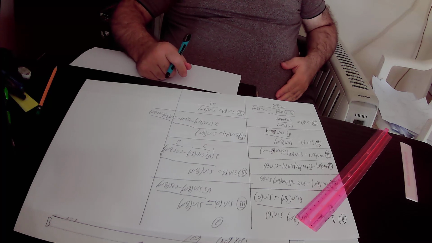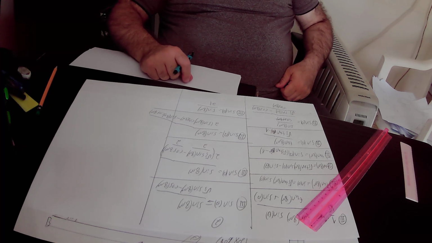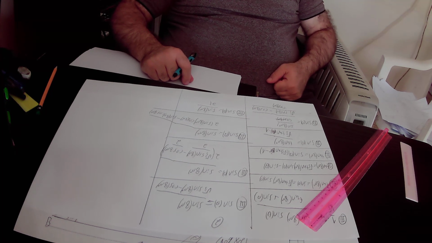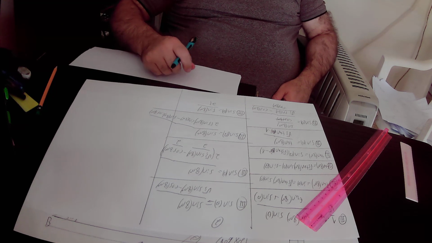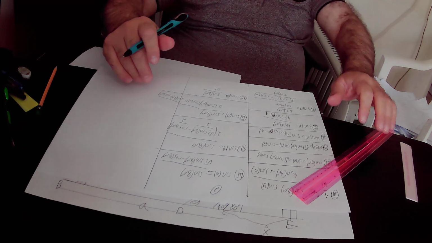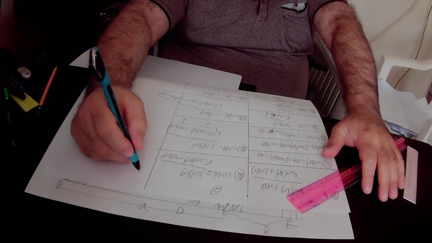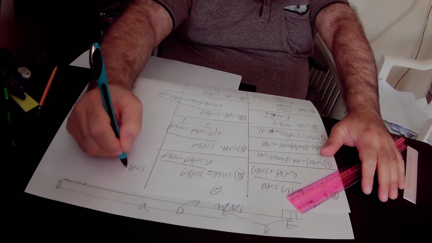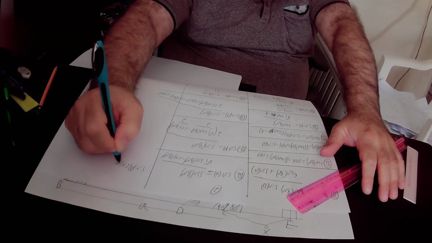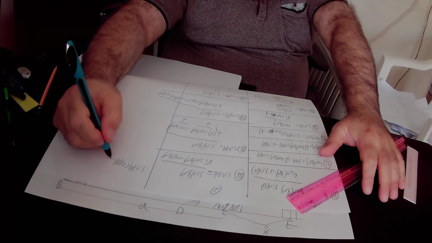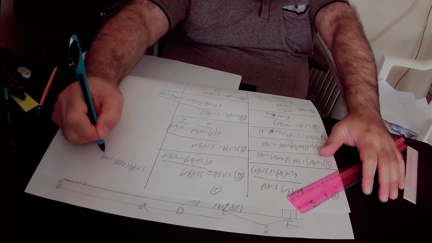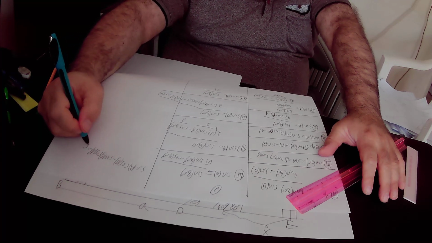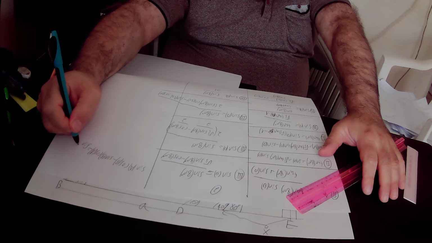Here, sine 80 degrees times cosine 30 degrees minus sine 30 degrees times cosine 80 degrees is very similar to the trigonometric identity that states that sine A cosine B minus sine B cosine A equals sine A minus B.